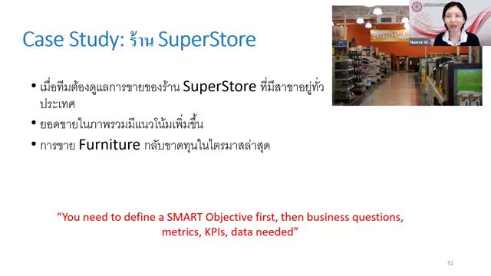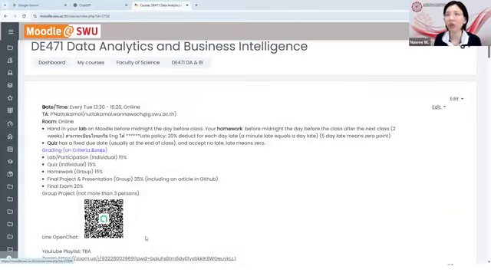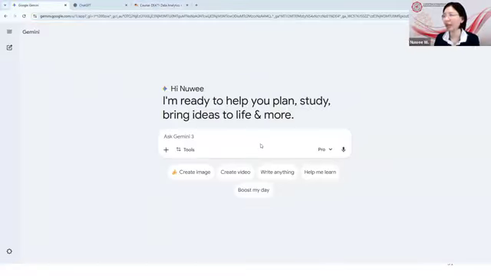But right now we have AI to help us. So first, everyone, open your browser and go to ChatGPT or Gemini, whichever you choose. Let me use both. I have Gemini Pro.